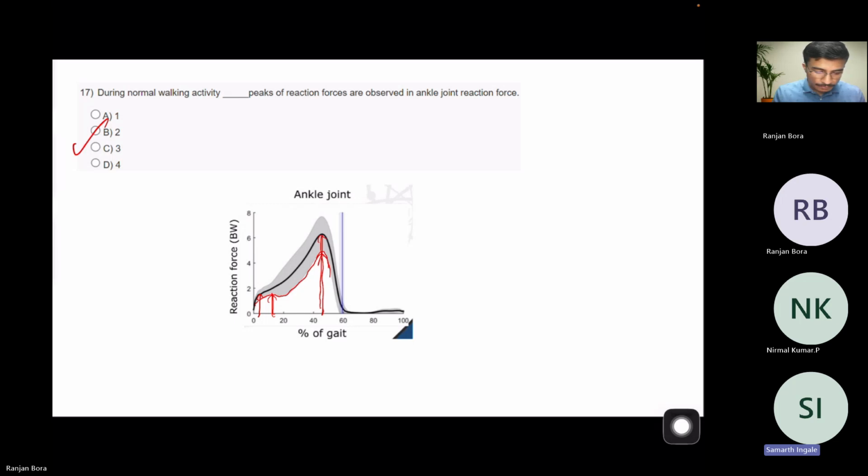Okay. So there are 2 graphs here, or only one graph? Only one graph. This is the mean plot, and these two are for plus minus 2 standard deviation. Okay. So this is for plus 2 standard deviation, and the lower one is for minus 2 standard deviation. Okay, understood.